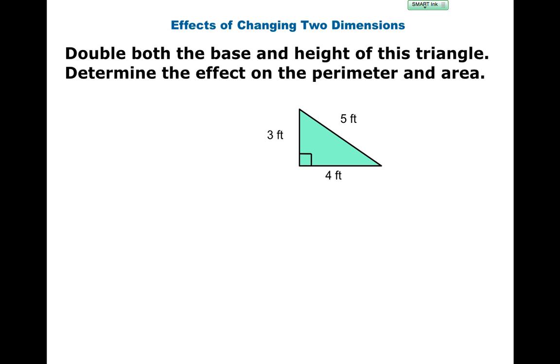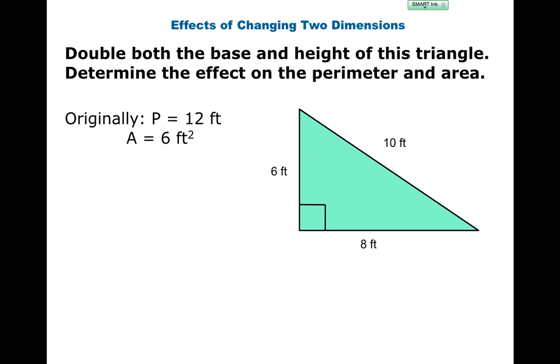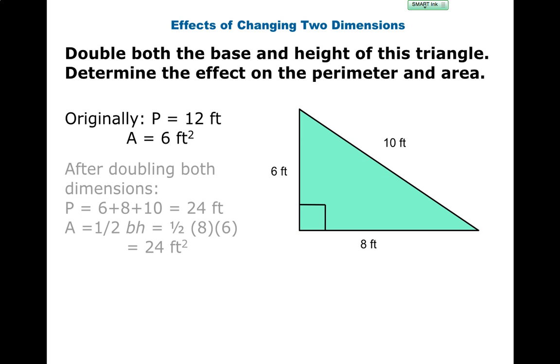To the perimeter. Since we're talking about doubling, did it double the perimeter? Yes, no? What was the perimeter when you doubled it? I got 24 for the new perimeter. So originally, we had a perimeter of 12, now it's a perimeter of 24. It sounds like that did double.